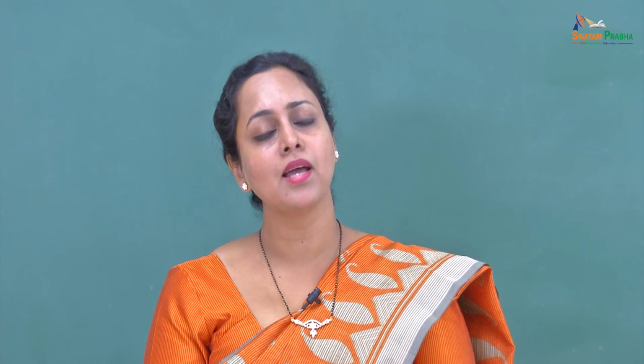We spoke about glial cells in the central nervous system, ependymal cells, oligodendrocytes, the microglial cells and astrocytes. We spoke about neuroglial cells in the peripheral nervous system like the Schwann cells and the satellite cells.